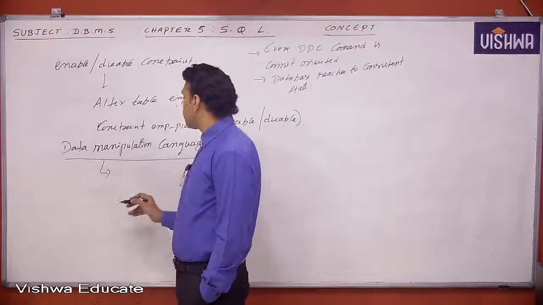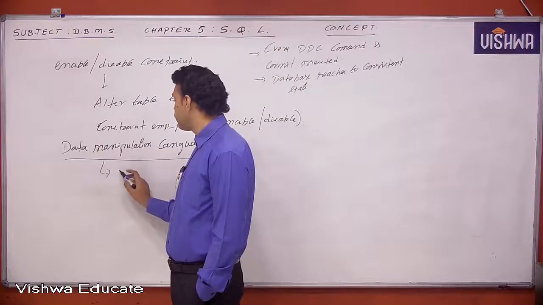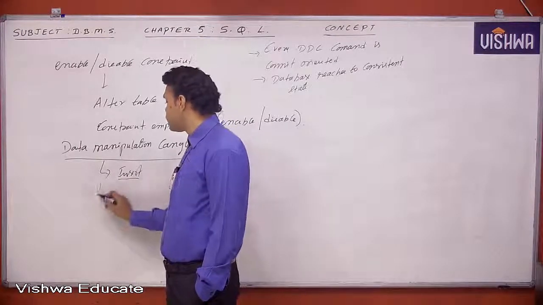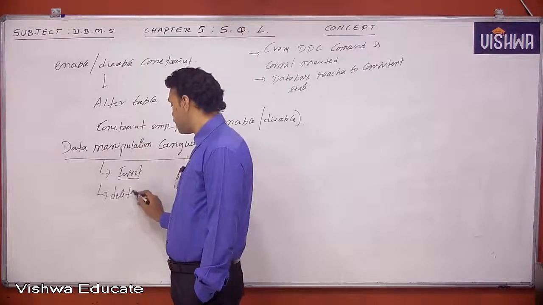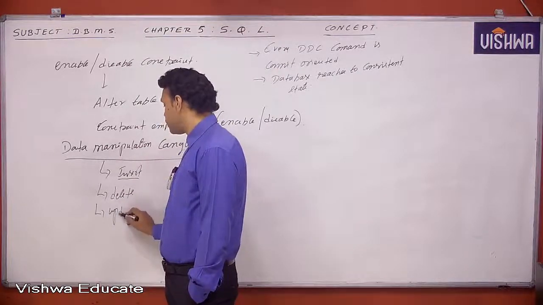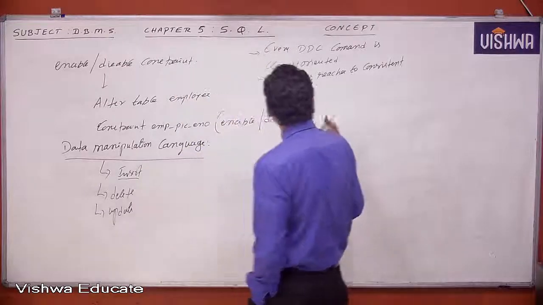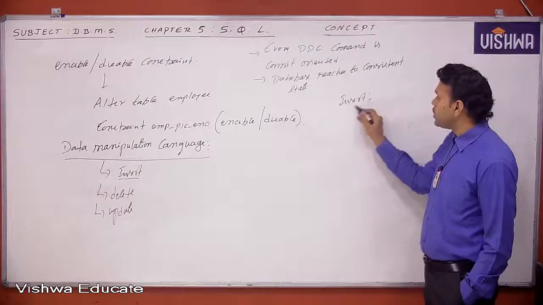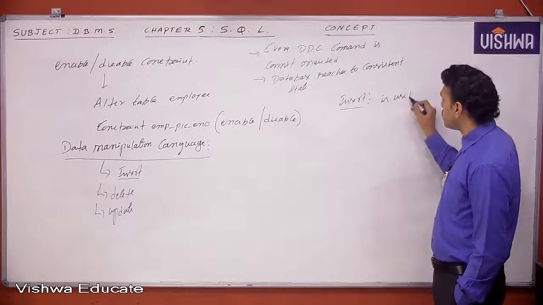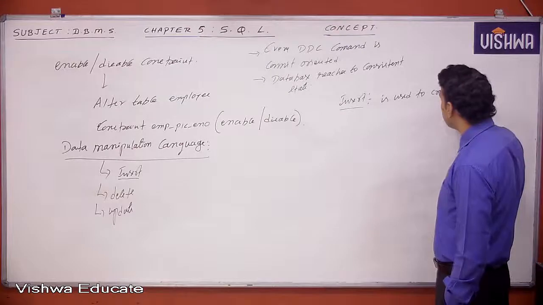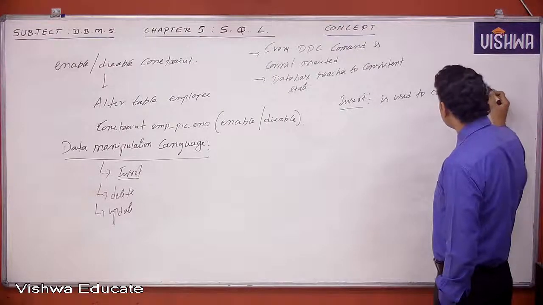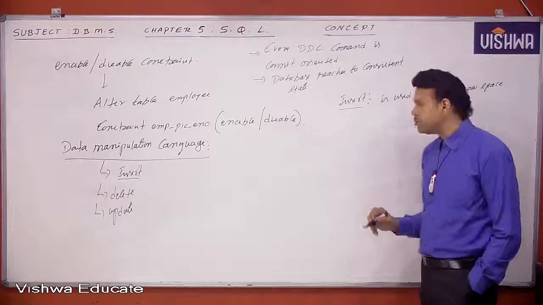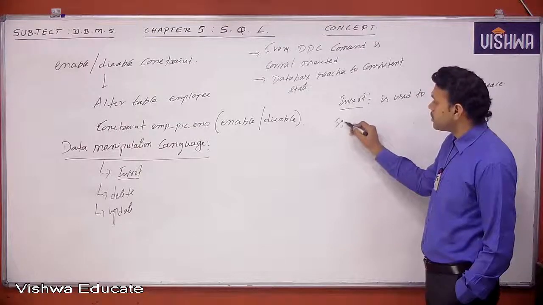Data manipulation language has mainly three commands: insert, delete and update. Insert is used to create a row space. What is the syntax?